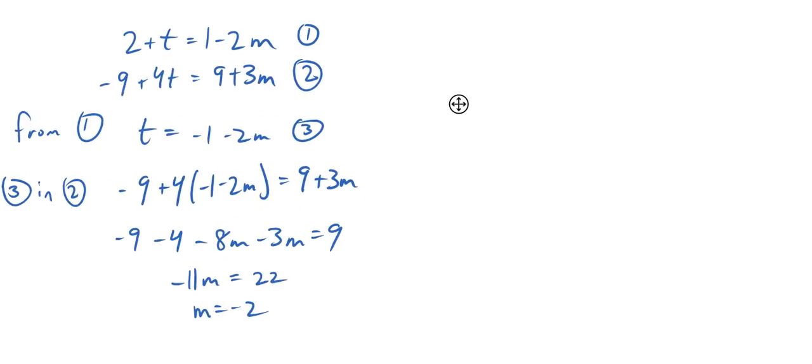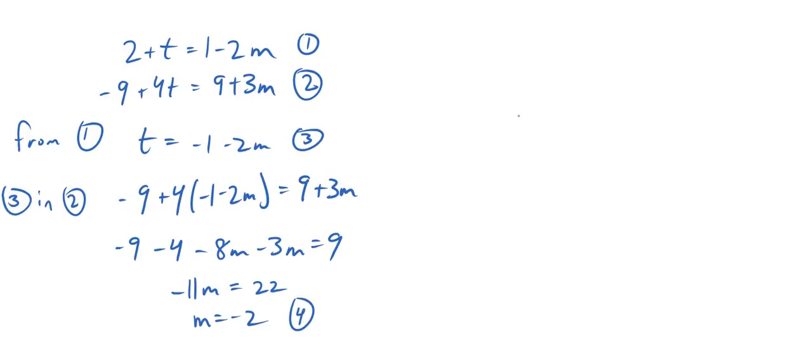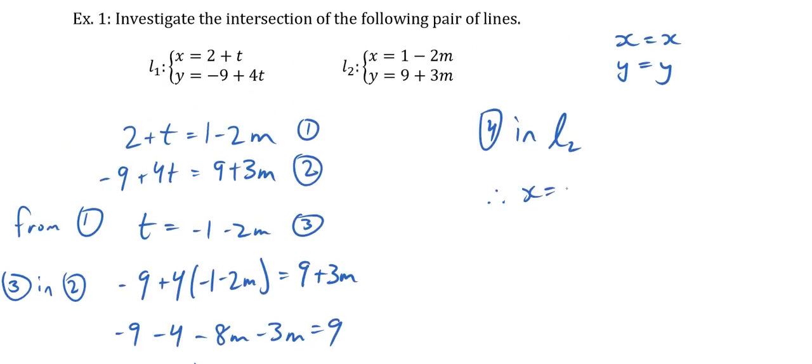So I'm going to call this equation 4, and then I'm going to go 4 into L2. I don't actually have to say this, I'm just kind of describing what I'm doing for the lesson. So therefore, x equals 1 minus 2 times, what was m? Negative 2, yep. Which equals 5. And y equals 9 plus 3 times negative 2.